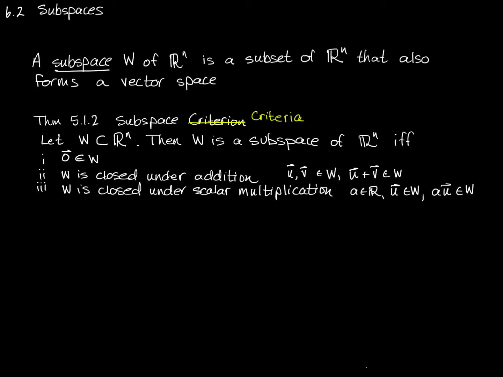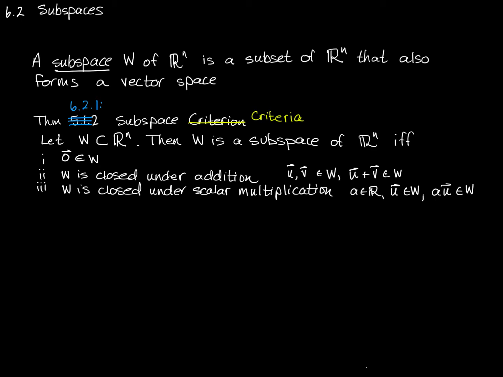Now, in the greater world of vector spaces that we know now, we need to make some changes to this before we can apply it to vector spaces that are not necessarily real number vectors. First of all, this isn't Theorem 5.1.2 anymore. The number doesn't matter. I can name a theorem anything I want, or number a theorem anything I want.